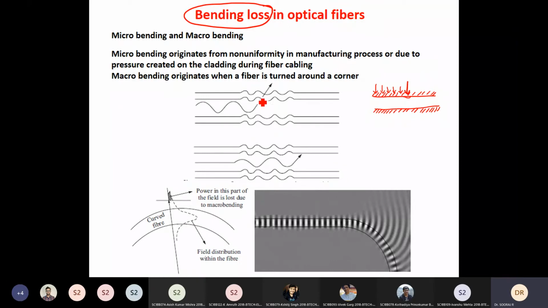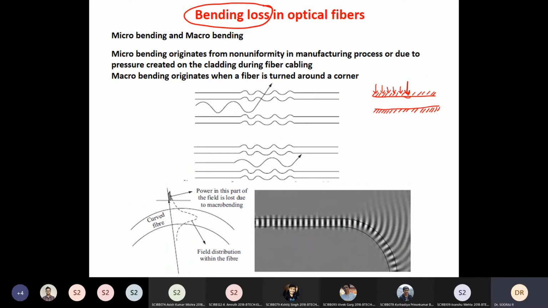Because of it, total internal reflection will not always be satisfied, so some of the photons can leak out, because the condition of total internal reflection may not be obeyed at this point. Because of micro bending you can have losses. Loss means you are losing photons, and the receiver loses power.